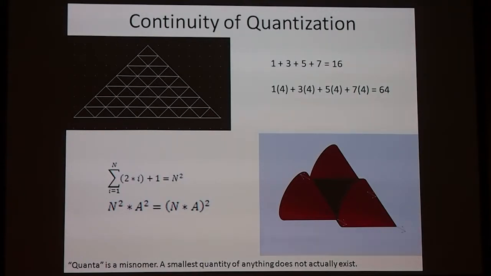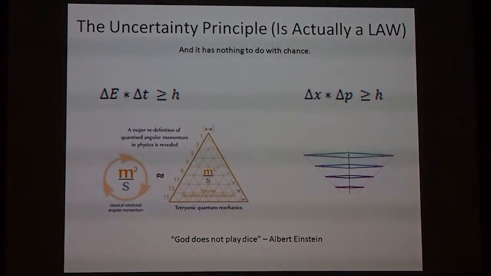So using this idea, we also can arrive at this result where we say the uncertainty principle is actually a law. And like we saw before, it actually has absolutely nothing to do with randomness. It's an intrinsic property of these geometries. In order to do that, we kind of have to reinterpret what these differentials mean.